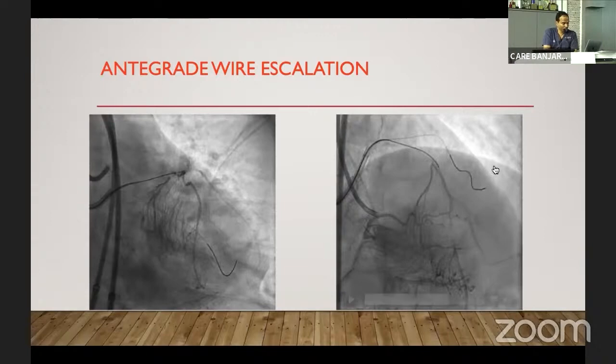So in 2 orthogonal views, if the wire is in the distal vessel, that says yes, your wire is in the distal vessel. And then to confirm further, you can just give a slide on the wire. You just push the wire, give a quick push on the wire. If the wire is moving without buckling, that says you are in a true lumen, right?